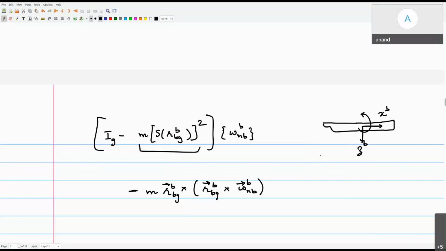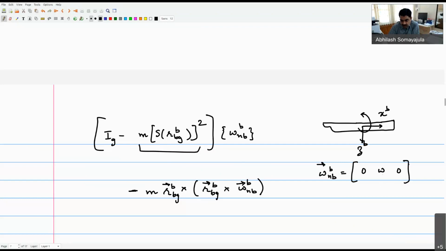Anti-clockwise. Correct. Now in that case, what is my omega NBB? What does this vector look like? What will be the first term? 0. Let's say the second term, the angular speed, is omega. The third term will be 0. So this is what I'll get, right?